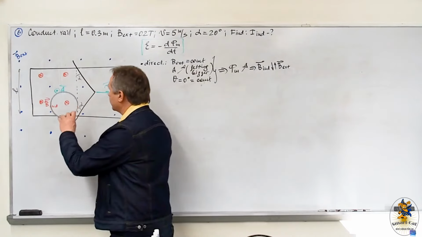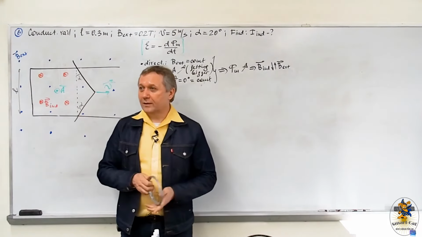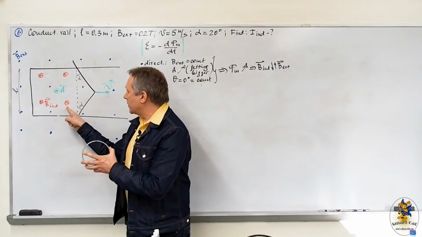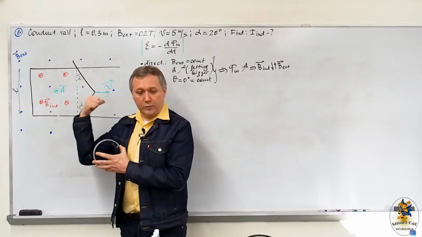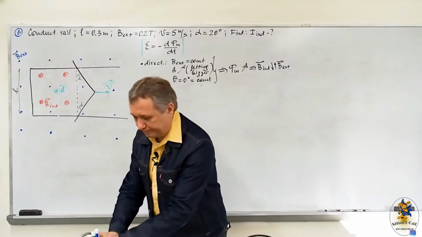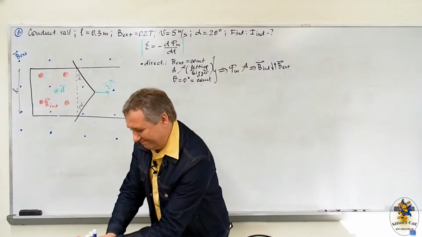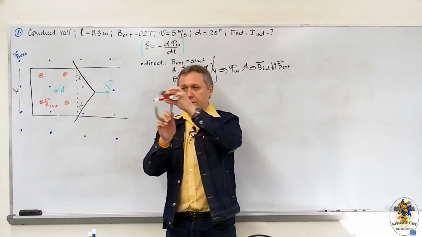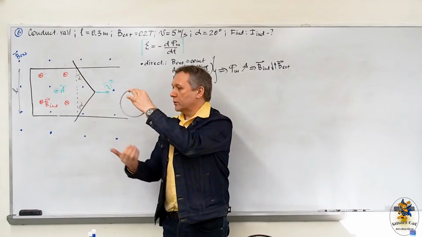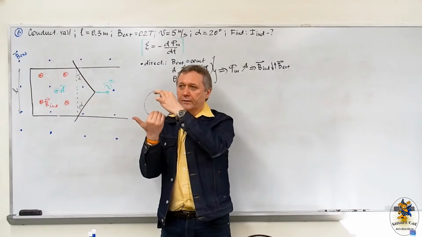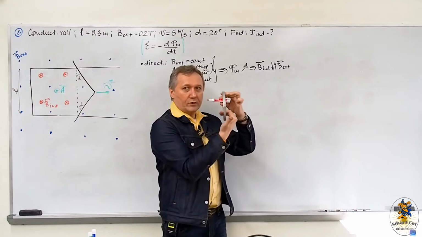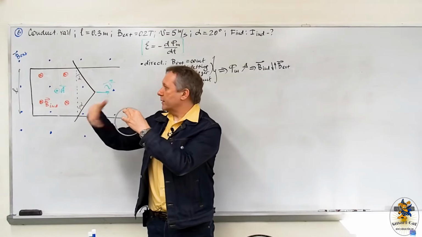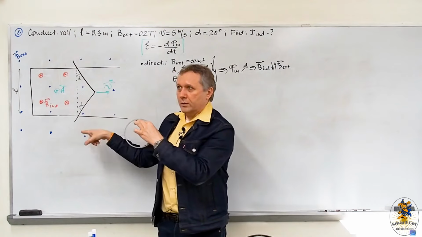Great, so now that we know the direction of the induced magnetic field, the right-hand rule. Here's my loop. Not a rectangular loop, but it doesn't matter in terms of direction. The induced magnetic field, cross, is into the board. In order to get that direction, I need to curl my fingers like this, and as a result, the current is going to be this way, which is clockwise.